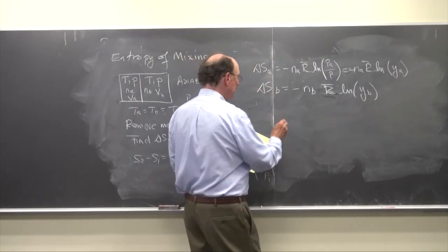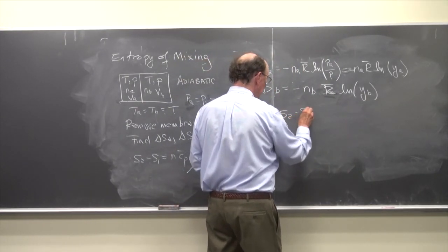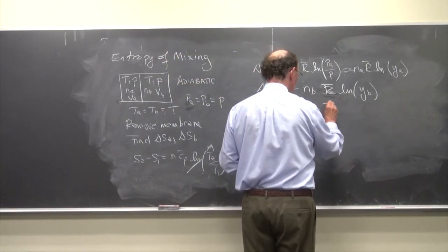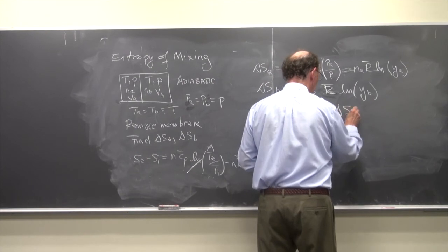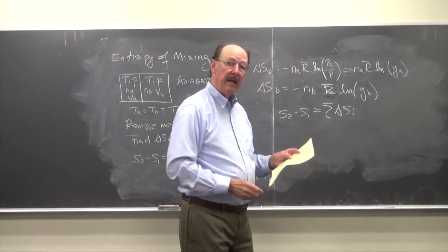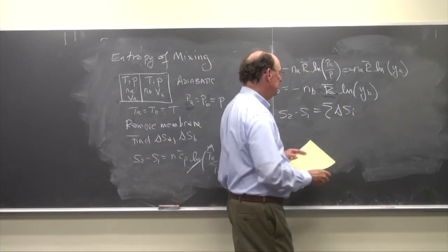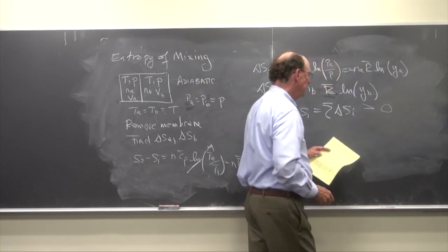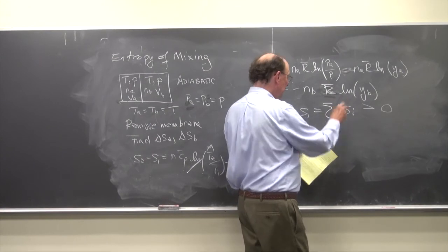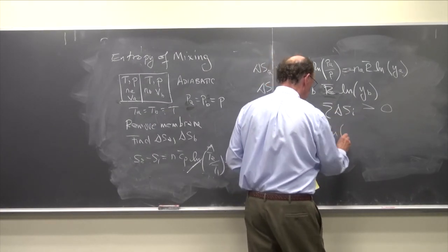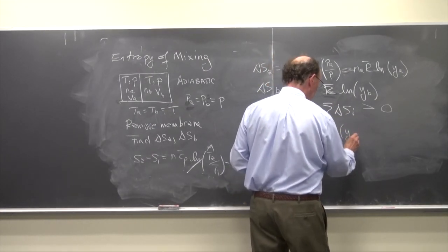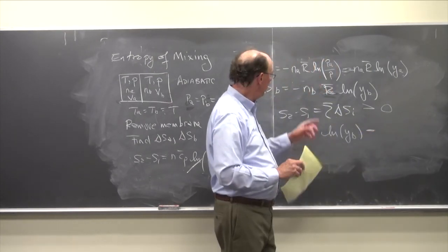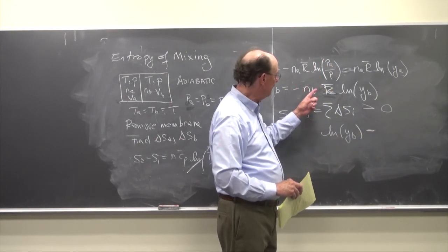The entropy production, the total delta S, the total change for the system, is the sum of the delta S i, which is positive. So we're going to see that this is greater than 0, because we have the log of a fraction. The log of Yb is negative, and I have a negative here, so I have a negative times a negative.